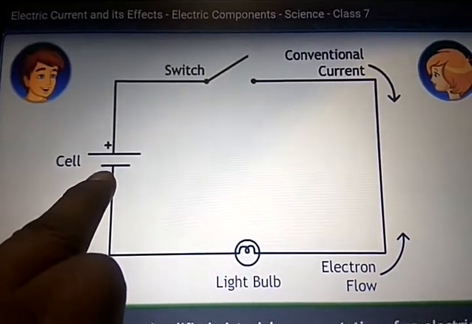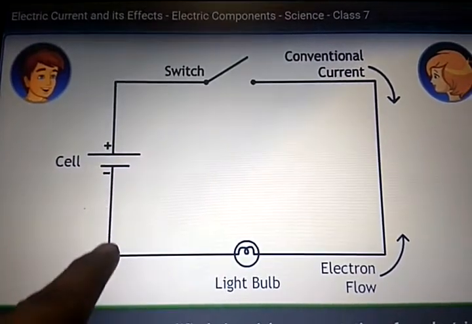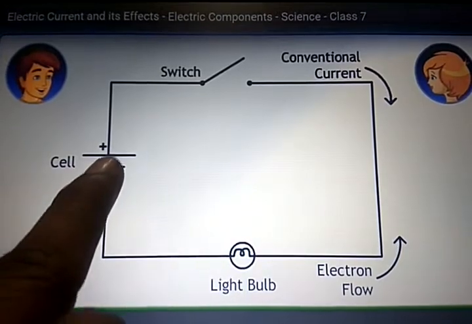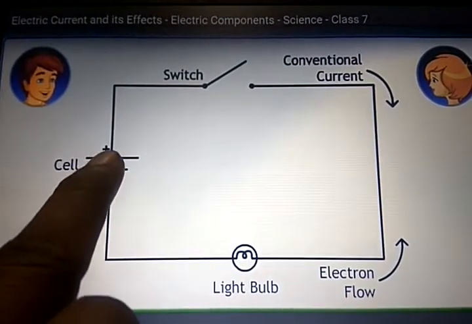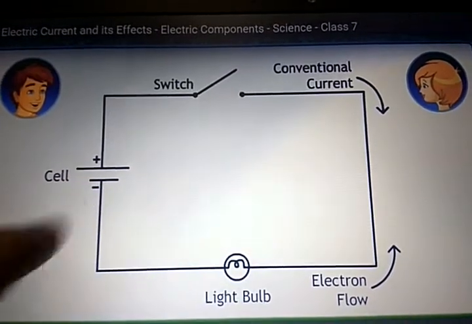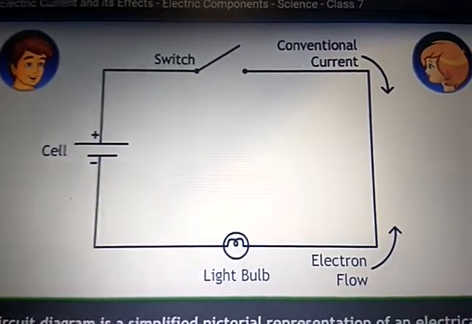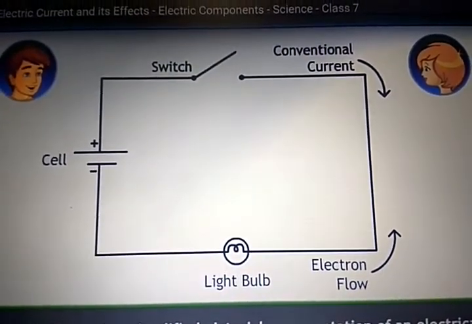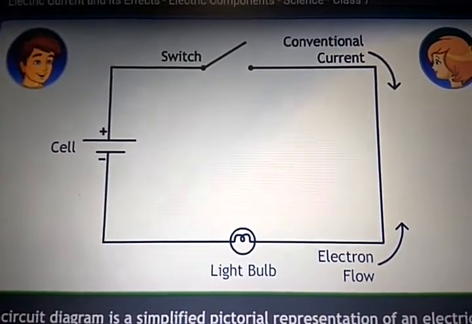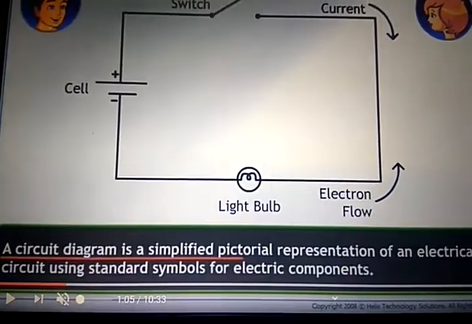This minus terminal means electrons, so electrons always move from negative to positive, while the conventional current is just opposite to the flow of electrons, from positive to negative terminal. Then the light bulb and wire. These are the components of a simple electric circuit.